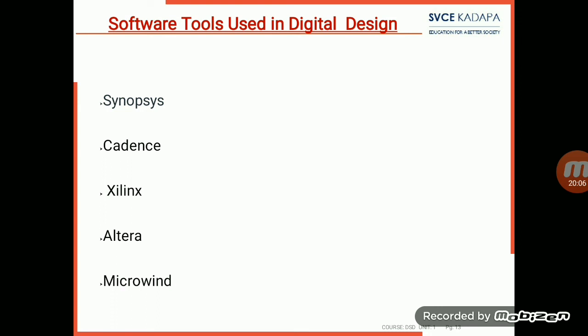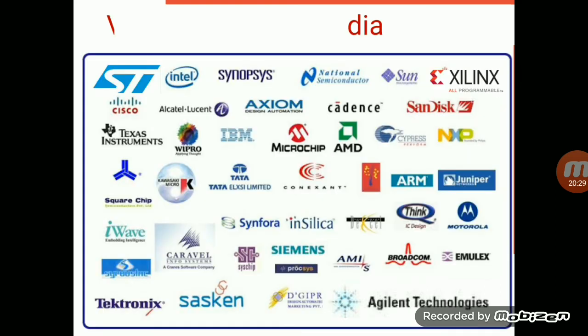Different software tools are used in digital system design. Some of the most important software tools used in implementation of digital systems are Synopsys tool, Cadence, Xilinx, Altera, and Microwind. These are the top five tools used to design any IC using VHDL or Verilog.